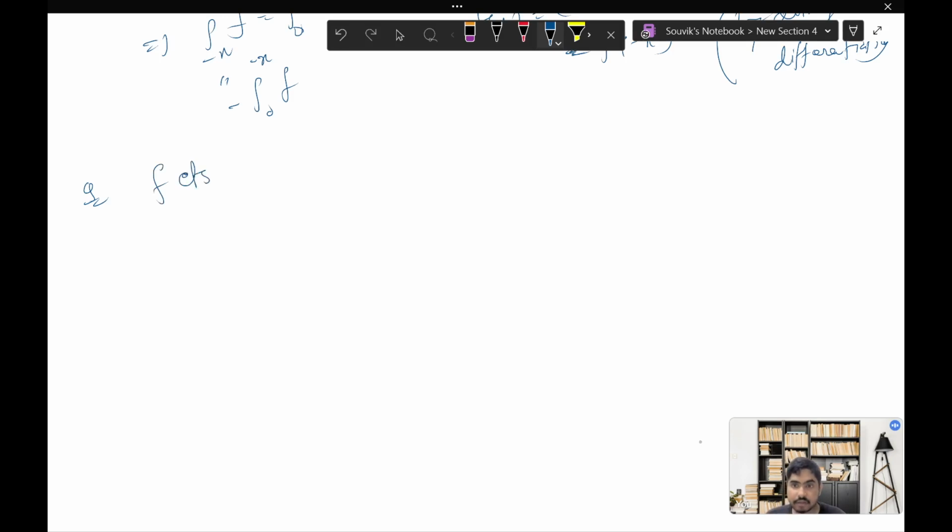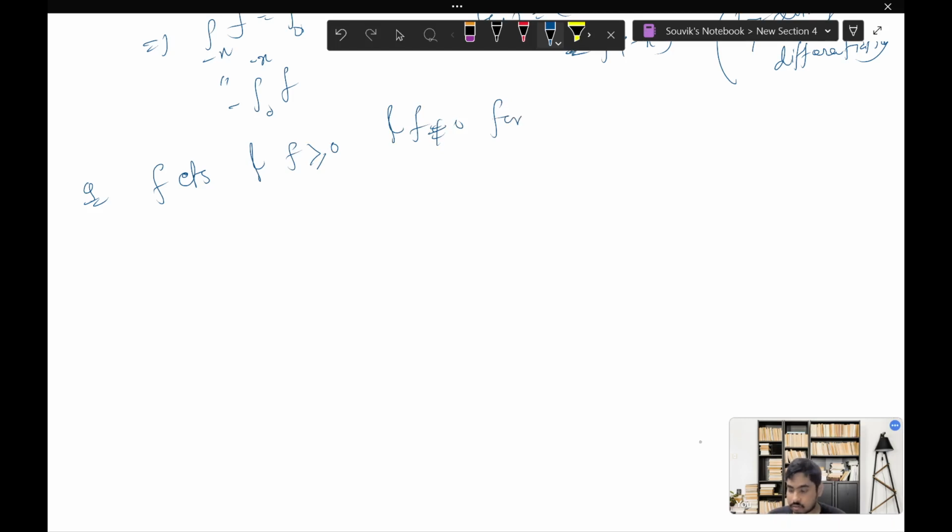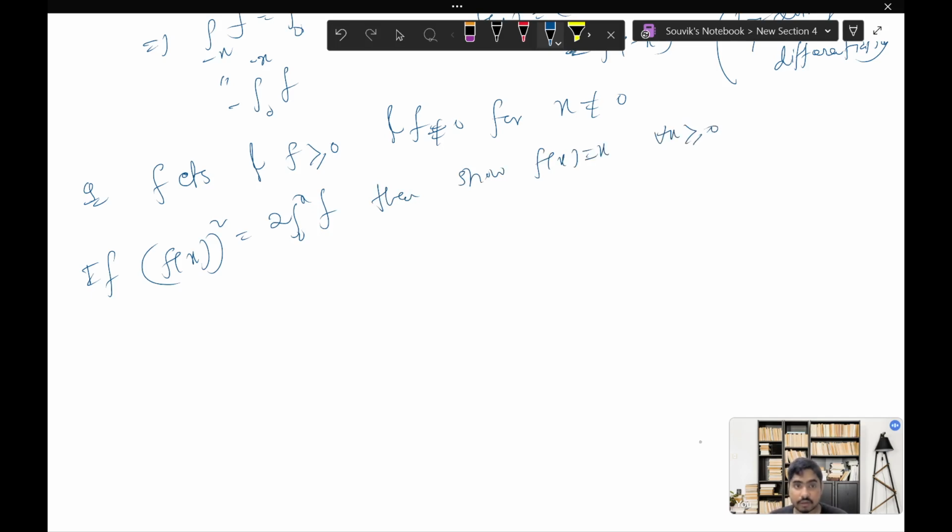Suppose f is a continuous function, f is greater than or equal to 0, and f(x) not equal to 0 for x not equal to 0. Now given that (integration 0 to x of f) whole square is equal to 2 times the integration 0 to x of f, then show f(x) equal to x for all x.